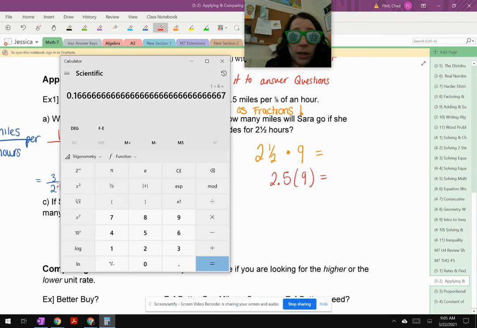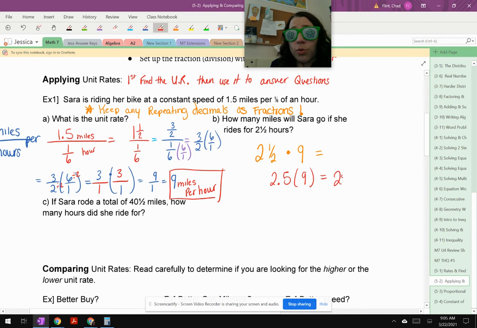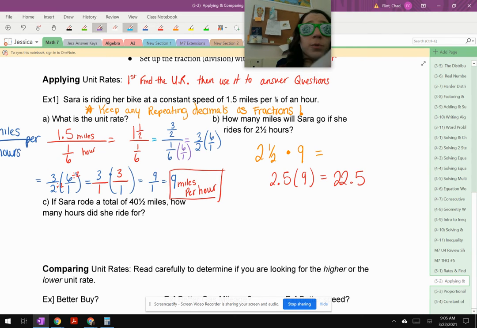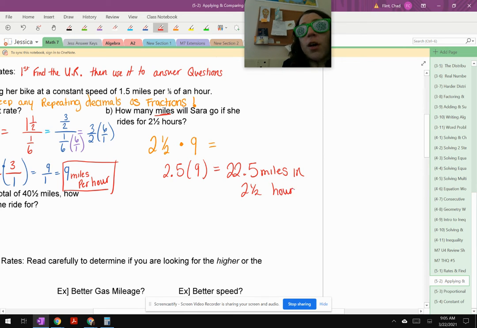And in my lovely calculator, 2.5 times 9 equals 22.5. And again, putting a label on that because we're talking about real life problems here. 22.5, it was asking me how many miles. So 22.5 miles in 2.5 hours.